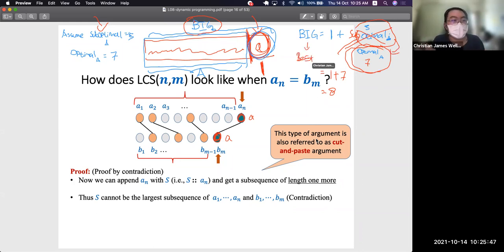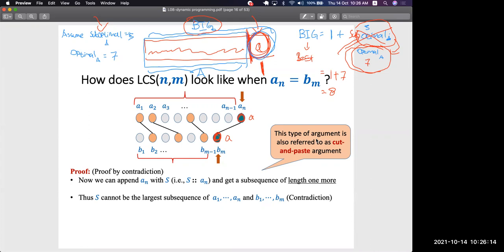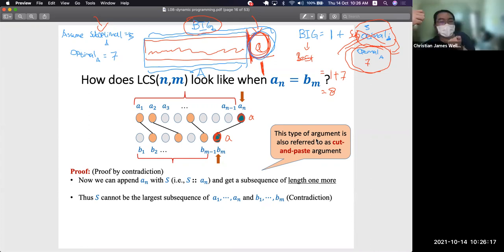But we prove otherwise using the cut and paste argument, where you take out the suboptimal answer and paste in the optimal answer. Then there is someone even better than the best answer, contradicting that we started off with the best answer originally. Does this make sense? Yeah, okay, I think I got it. Thank you so much. No problem.